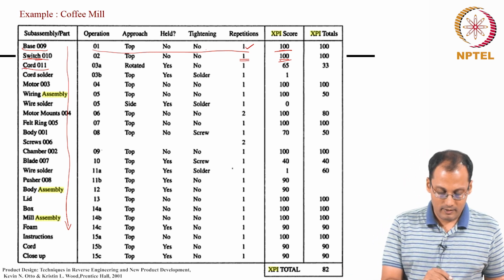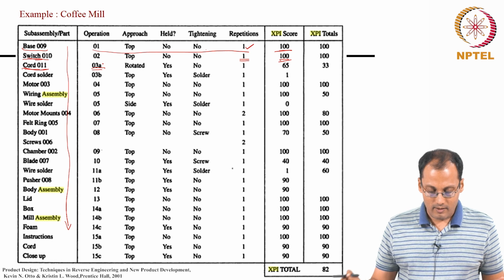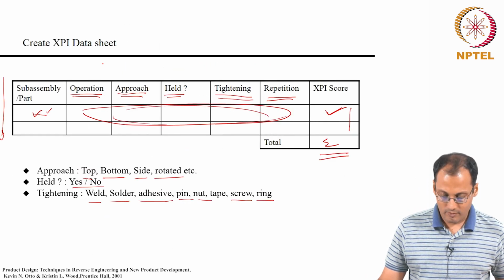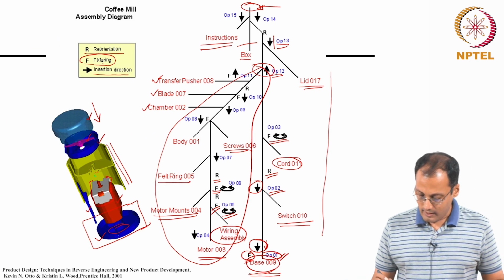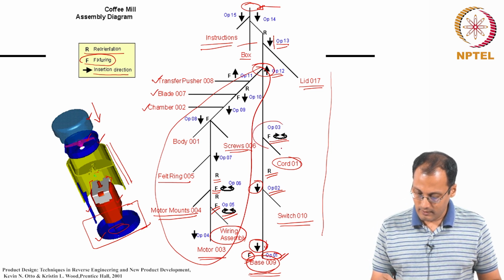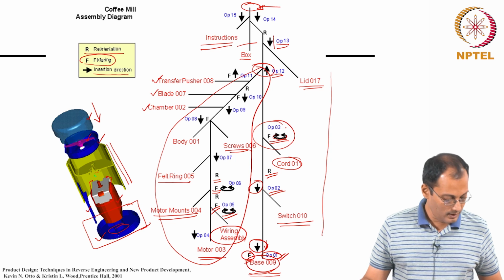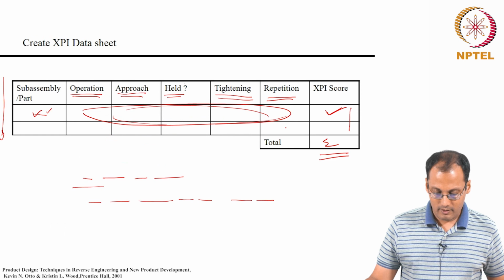The card, if you just take the third component, which is put with the operation number 3, if you go back to the sheet which shows the assembly operation, this is the operation. So, it needs a fixture, and it needs a rotating motion. So, this is captured in the table.